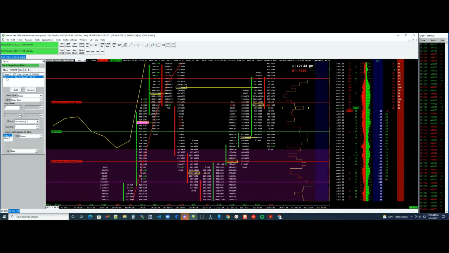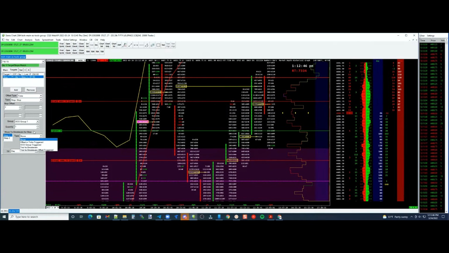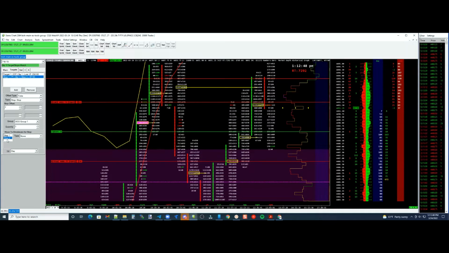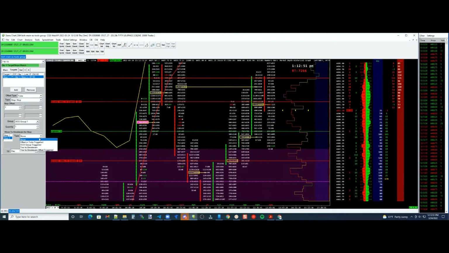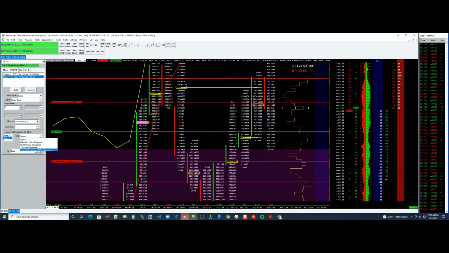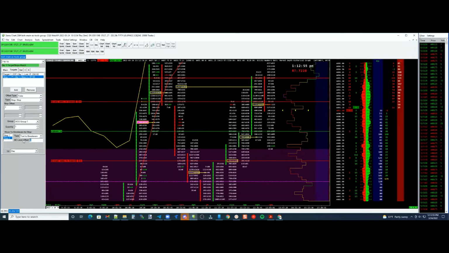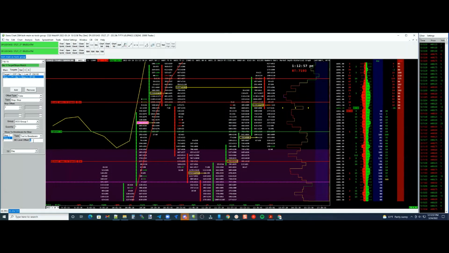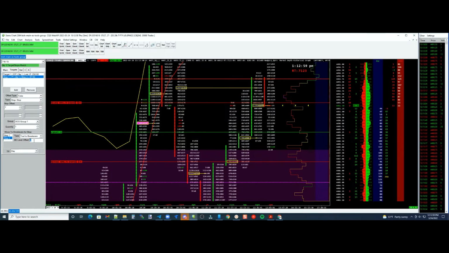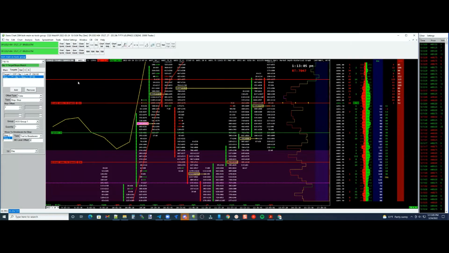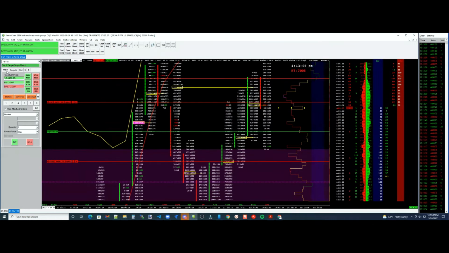You can say, all right, for my stop, I want it to trail to break even. Okay, so for step 2, come in here and do a trail to break even offset trigger. I just tend to do this, and then you can have it even set to offset. So if you want to set it to trail to break even plus 2 ticks, you can do that. Man, I wish it was that easy in normal life. I'm about to get hit on this.